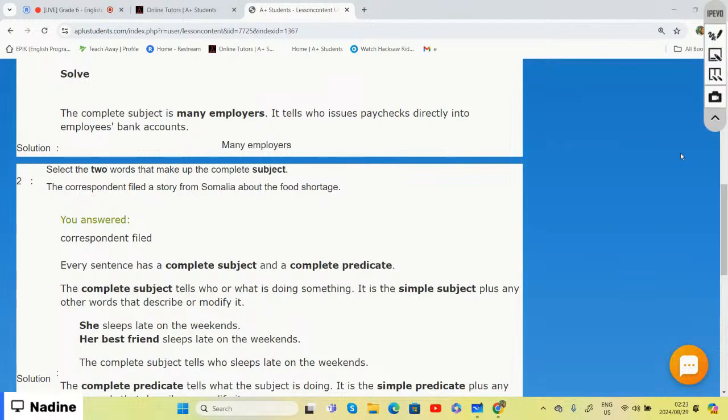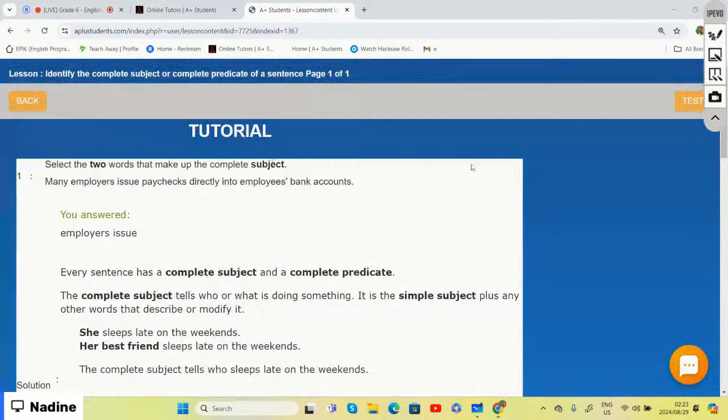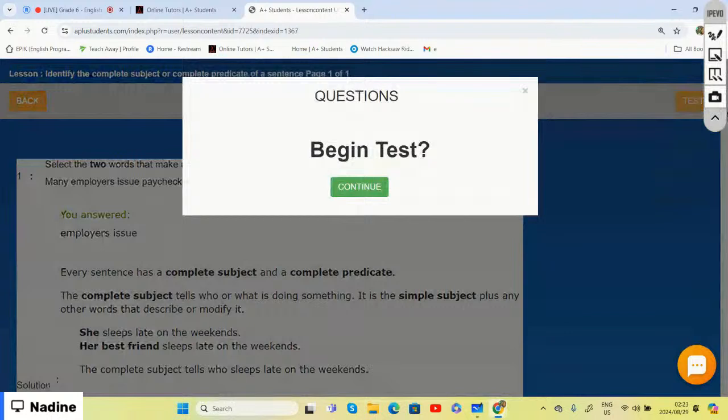And now let's go to our test where we are going to identify the complete subject or the complete predicate within the sentence.